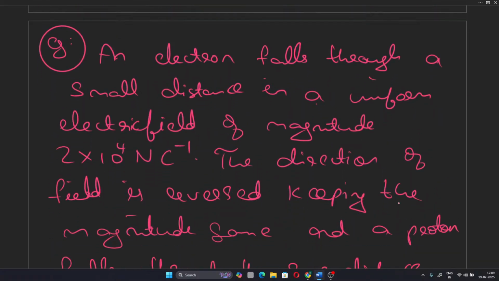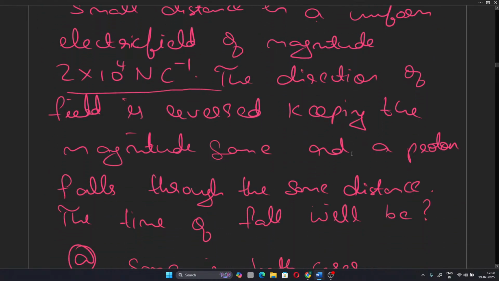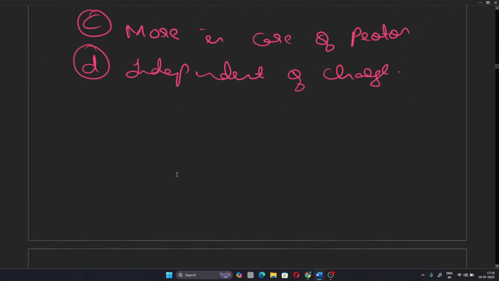Okay. An electron falls through, let's read the question. An electron falls through a small distance in a uniform electric field of magnitude 2 into 10 power 4 Newton per Coulomb. In this kind of cases, the magnitude is kind of useless here. The direction of the field is reversed, keeping the magnitude same, and a proton falls the same distance. The time of fall will be, there is an electric field here.